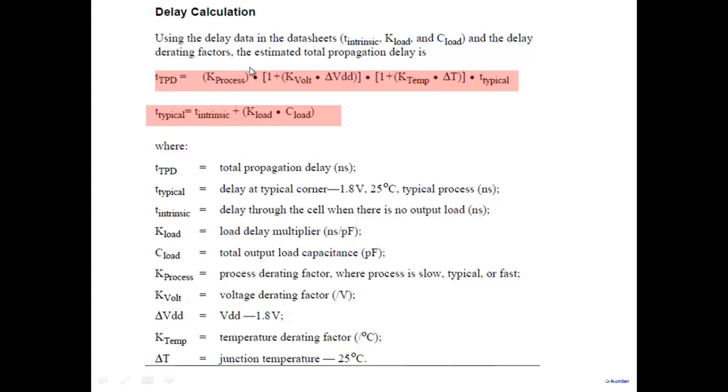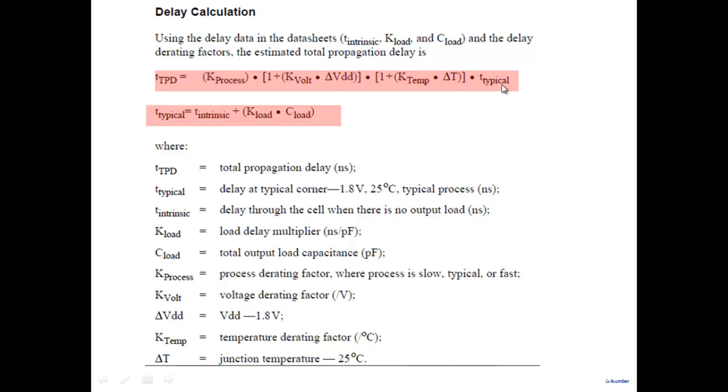With some actual data here, so this is 180 nanometer technology that we were talking about. And the manufacturer provides the following information. If you look at this particular expression, the manufacturer is telling the following, that let's say you have a typical delay. I already showed you earlier how the typical delay, whether it's low to high, high to low, and all those delay values that are there. Whatever is the typical delay, typical means for a typical NMOS or a typical inverter.